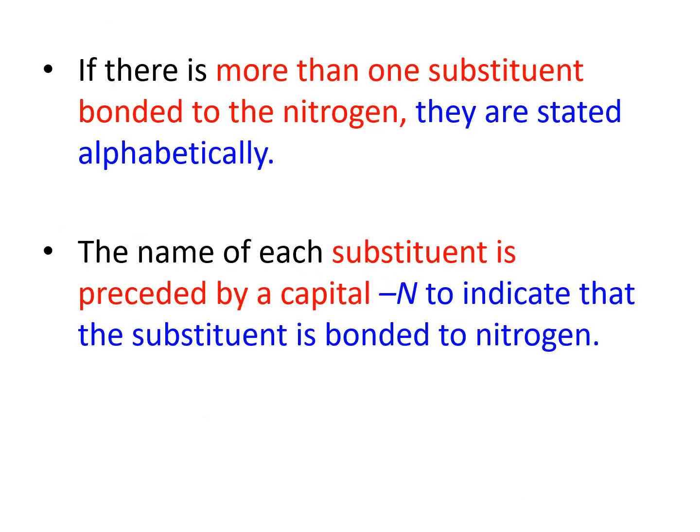It is usual if you need to name a compound that has a substituent on the carbon; we usually do that. But if the substituent is attached directly to the nitrogen instead, what should we name it? This is what we call a substituent on the nitrogen, and substituents should be stated alphabetically.